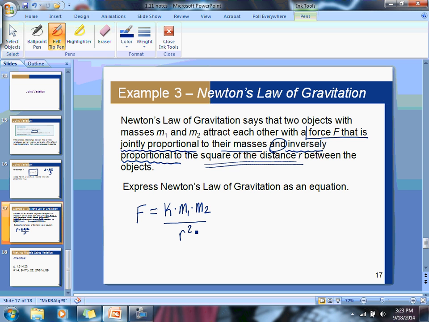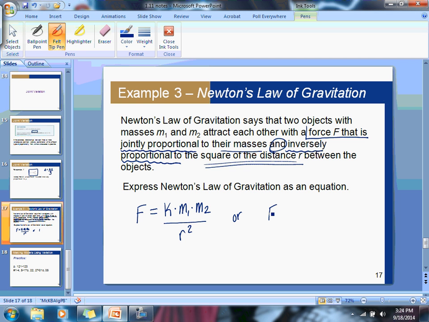Now, your book might call the constant something else. I mean, it's a law of gravitation, so they might use g for the constant. I'm not going to be super duper picky about what variable you use for the constant. So this would be completely acceptable to me. The other way the book might write the answer is they might take that constant and pull it out front.